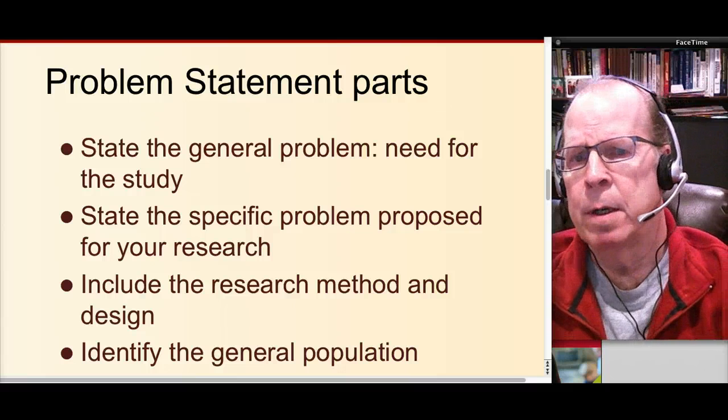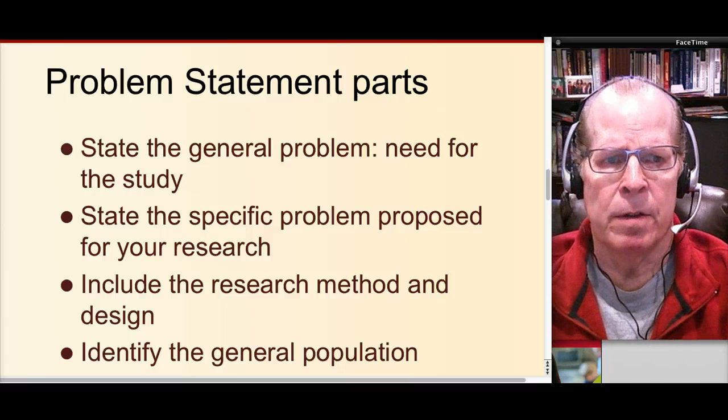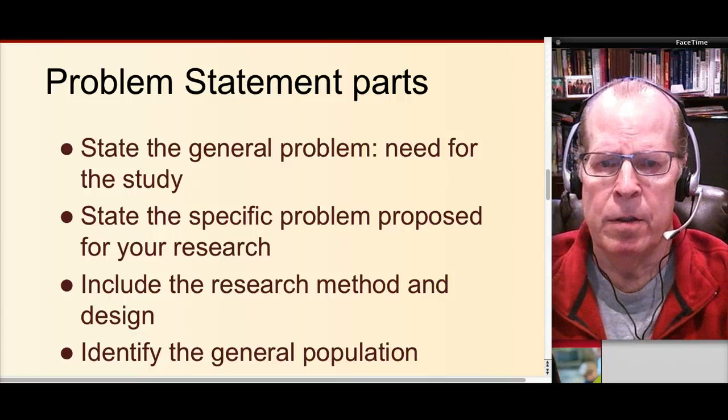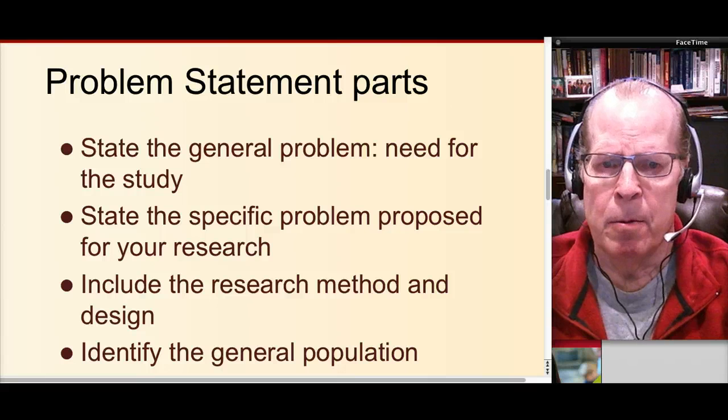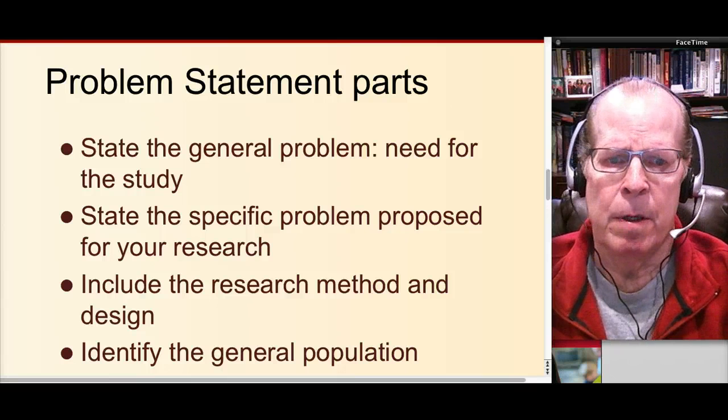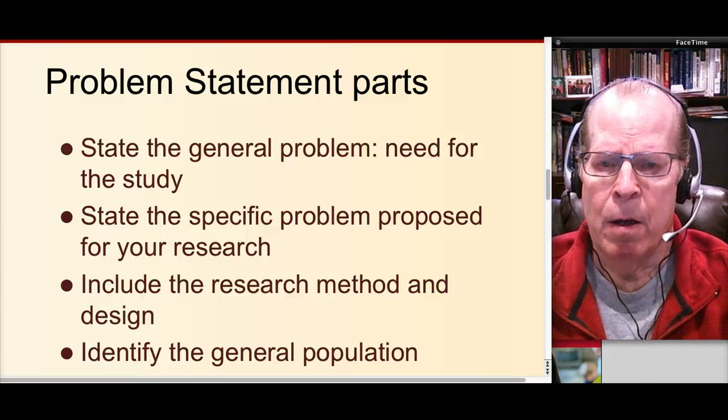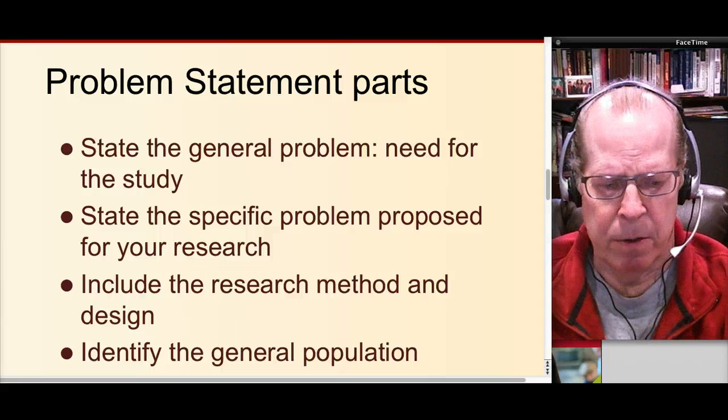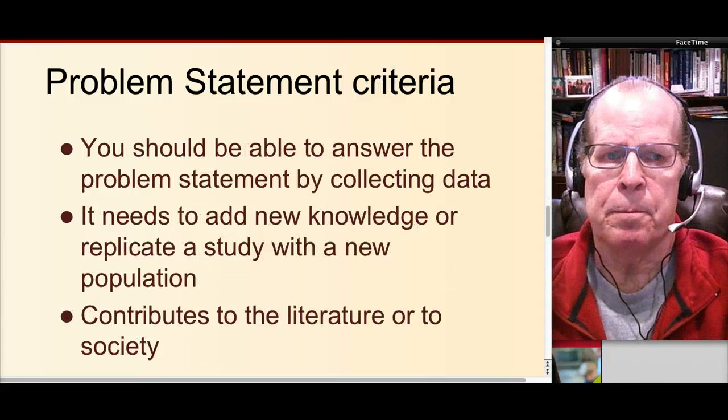And then, important, include the research method and design. Sometimes I read these papers, and I'm three-quarters of the way through the paper before I can even figure out what the research method is. So you want to state that up front in the first part. And then also identify the general population. Who do you intend to be working with?